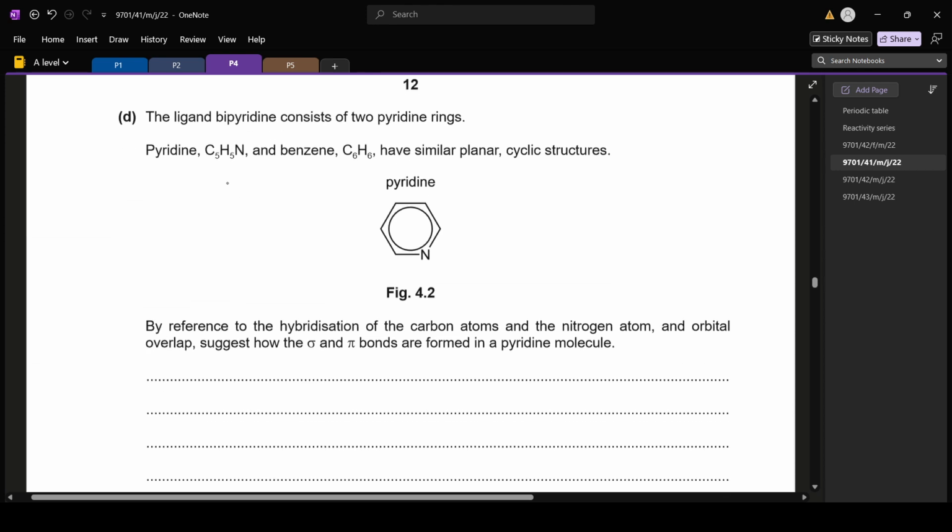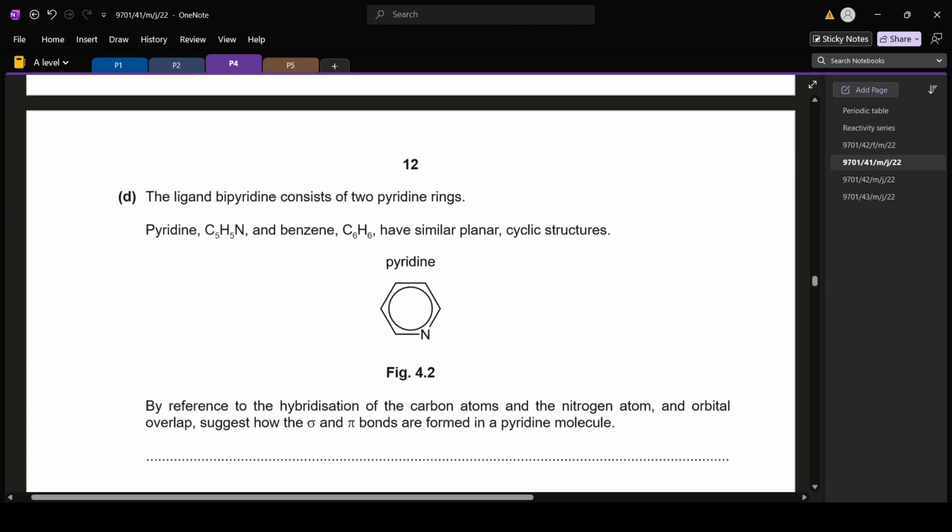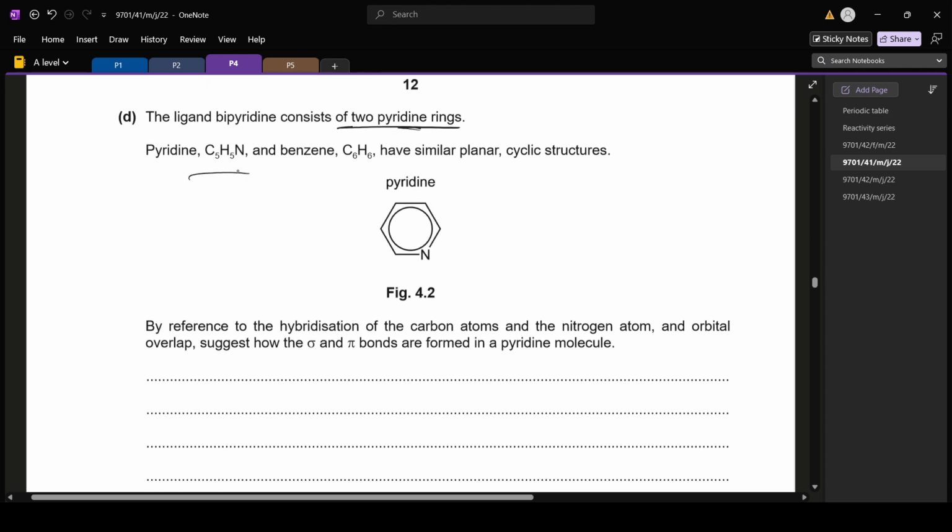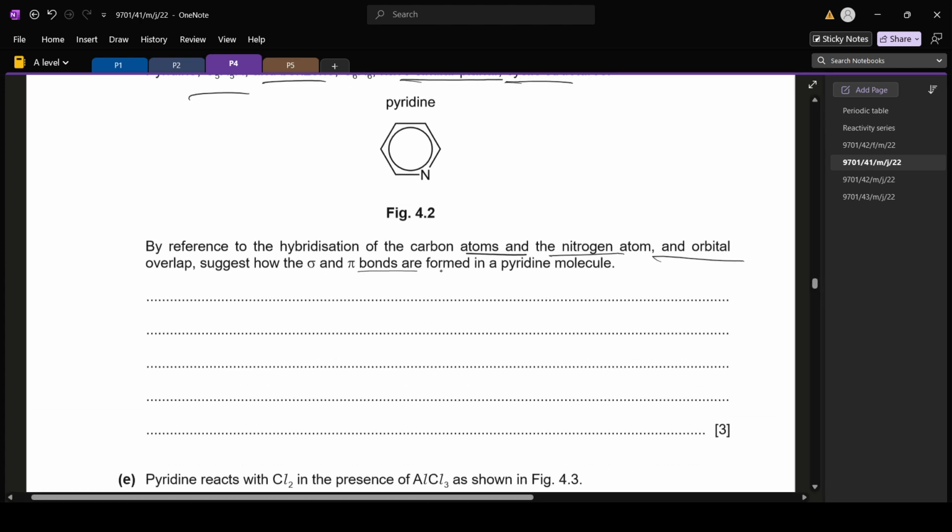Okay, the ligand bipyridine consists of two pyridine rings. Okay, pyridine and benzene have similar planar cyclic structures. Okay, by reference to the hybridization of carbon atoms and the nitrogen atom and orbital overlap, suggest how sigma bonds and pi bonds are formed in pyridine.